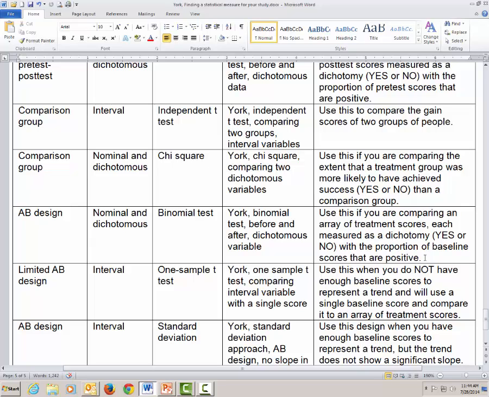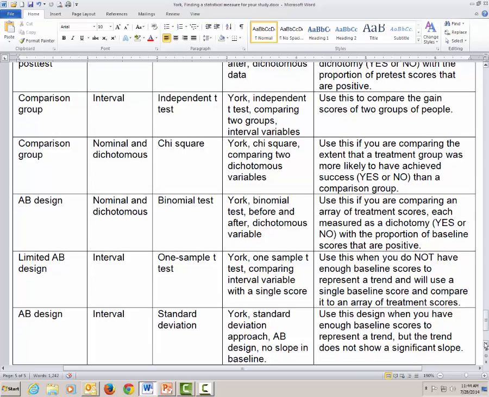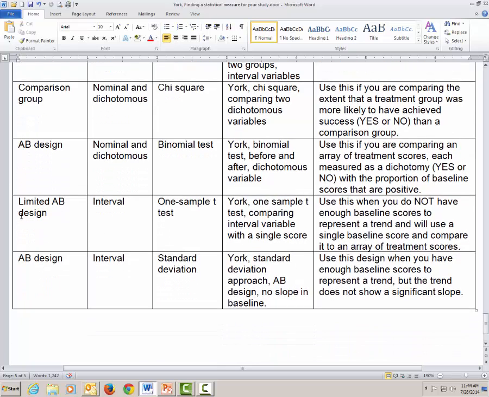But what you're doing is looking at the baseline. Imagine the baseline scores as the before and the treatment scores as the after. Both baseline and treatment scores are put into only two categories, either positive, negative, recovered, did not recover, or something of that nature. If you can imagine that particular situation, then this particular test would be appropriate, and this particular Excel file would be appropriate for you.